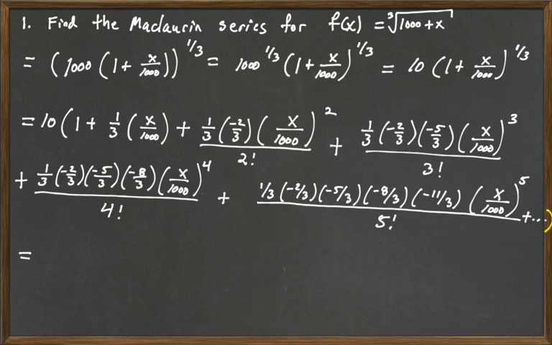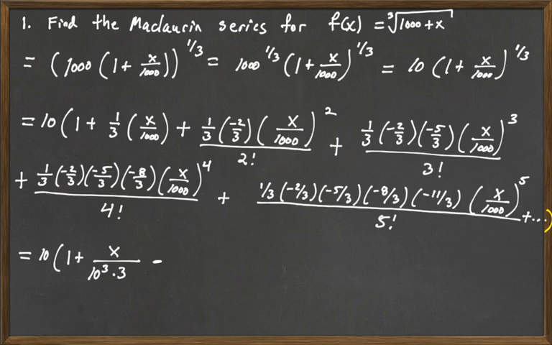All right, and let's see what we got going on. So we have 10, and then it's 1 plus, and we're just going to try to rewrite this. So x to the first power, we have 1,000, which you can write as 10 cubed, and then times 3, so here's that 3 right there.